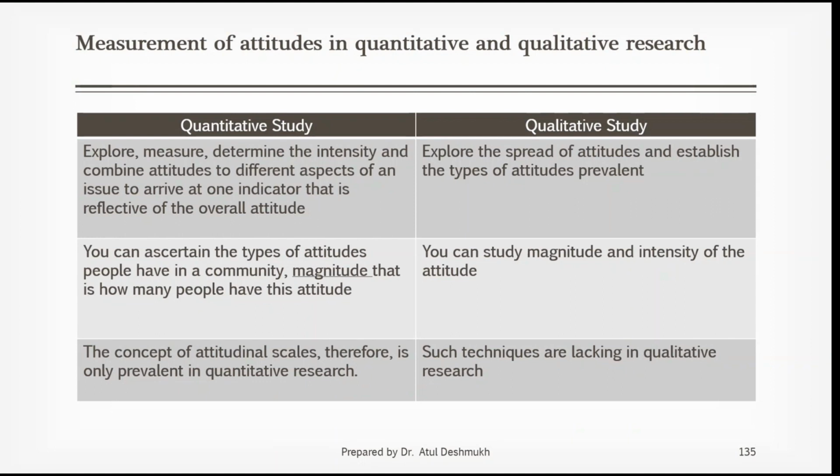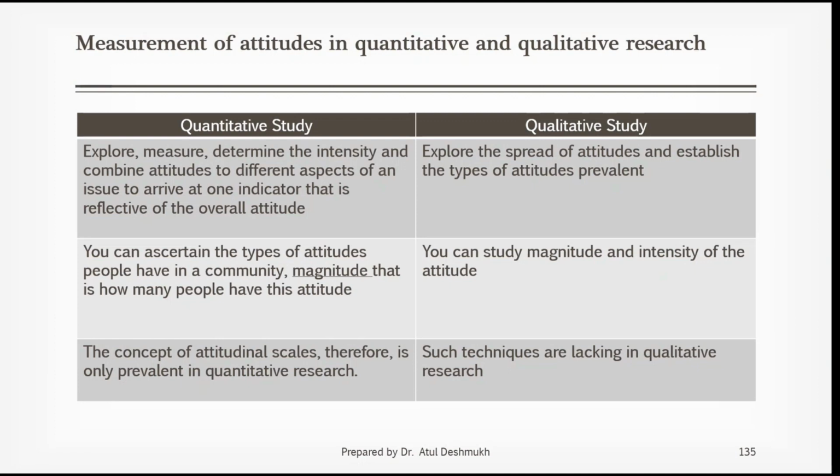When you want to explore all these things in detail, you cannot apply attitudinal scales. A scale means you will record the measure, the magnitude of that particular problem, so it is recorded with a quantitative kind of study. In a qualitative study, you go into the depth of this. You try to explore all the aspects related to your situation or phenomenon.